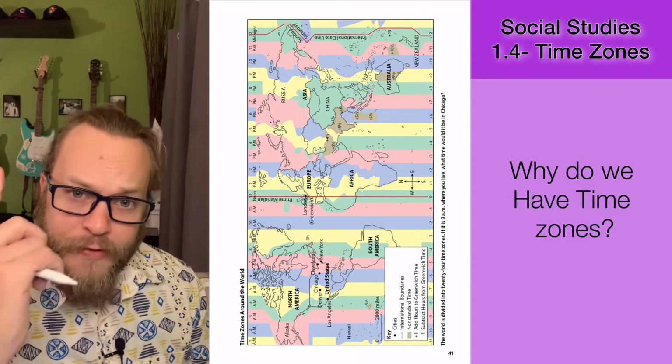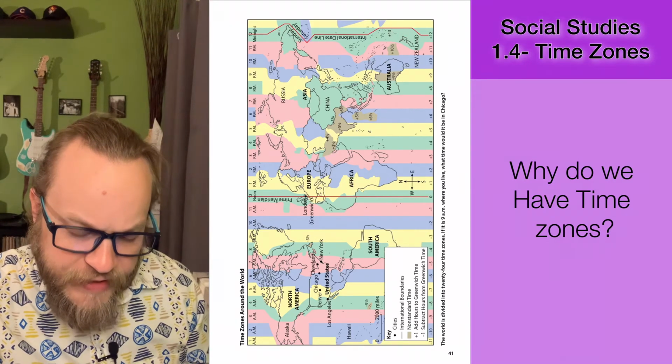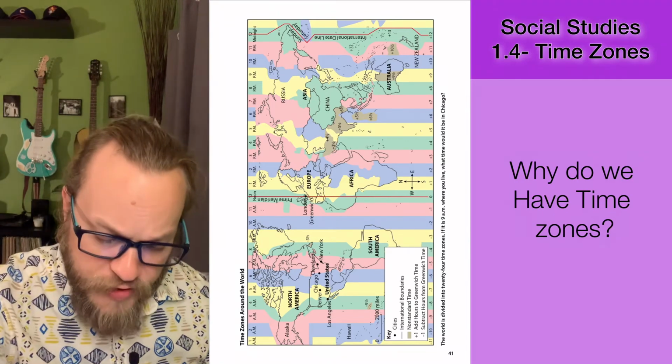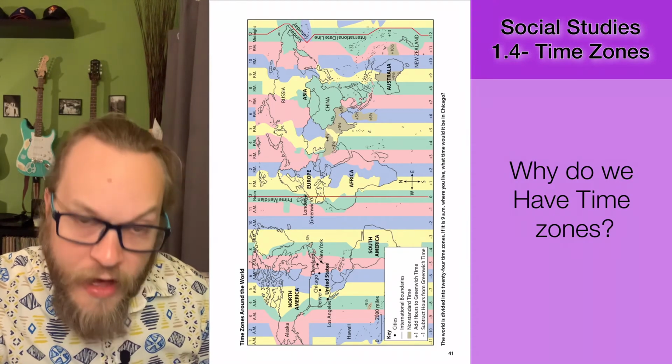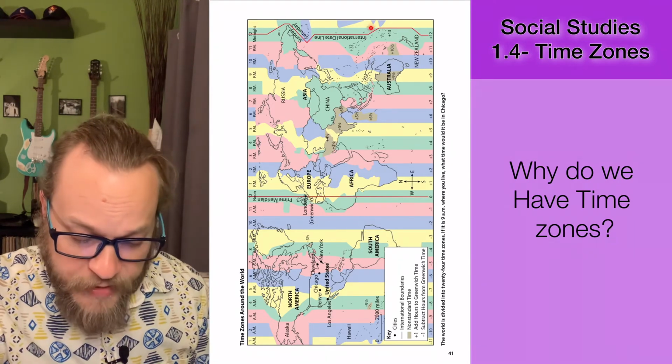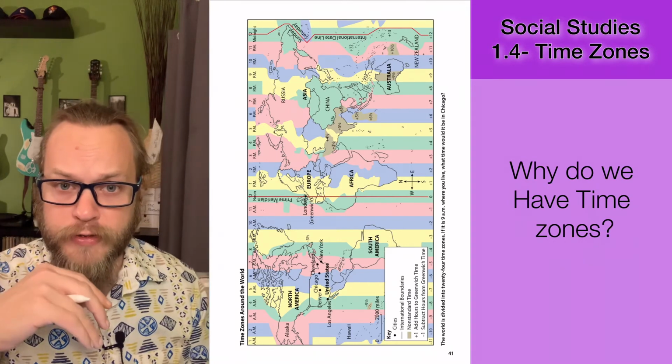So on Earth's rotation, these parts of Russia and New Zealand experience the new day first, while parts of Alaska and Hawaii and other Pacific Island nations are the last to change over to a new day.